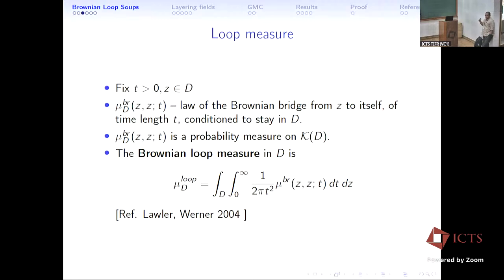There are a lot of tiny loops, so it gives large mass to tiny loops. That's the interpretation of this infiniteness. Also, if D is unbounded, then the collection of all large loops also has infinite mass. But we are not so concerned about that, because D for us is bounded.